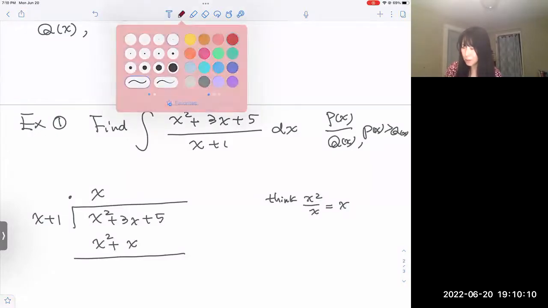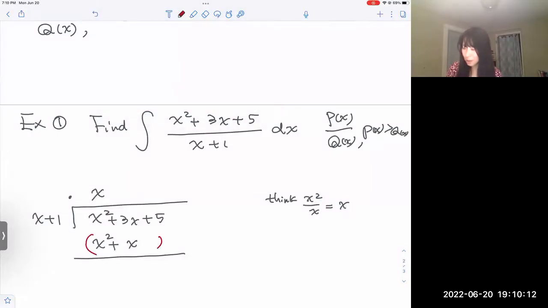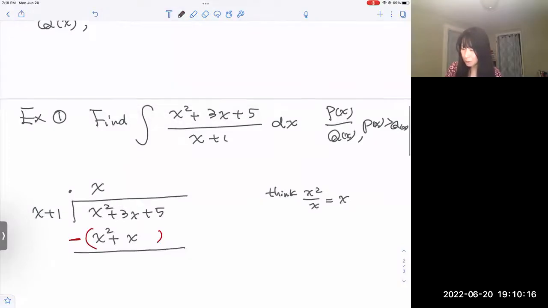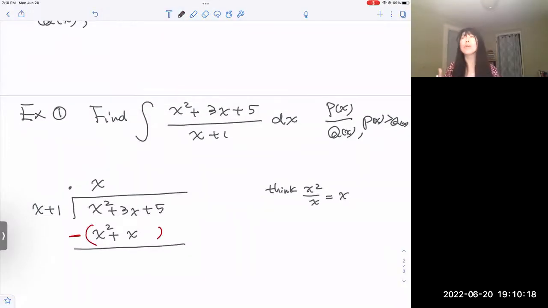Your professor always says, parentheses and subtraction, right? In order to get rid of the first term, we make parentheses and then subtract. Now the first term is 0, the second term has 2x, and we bring down the five.